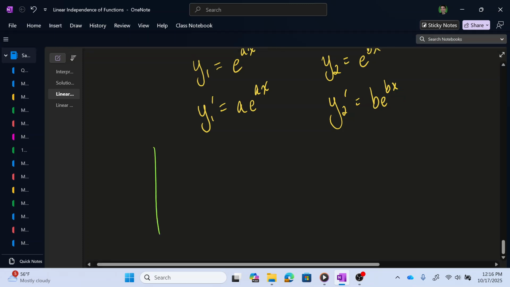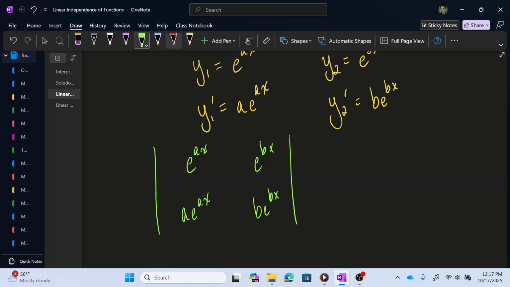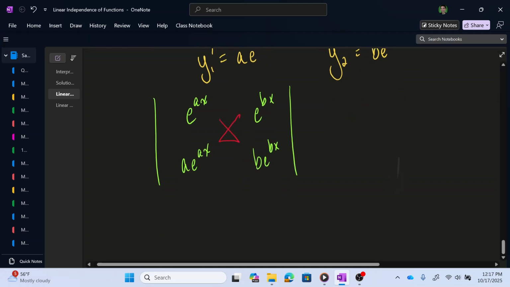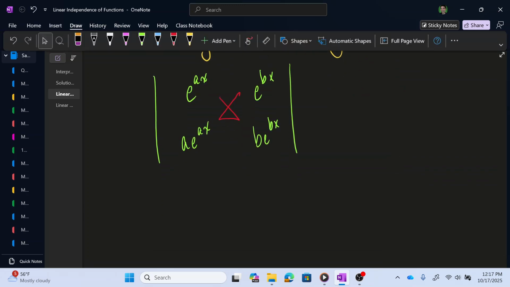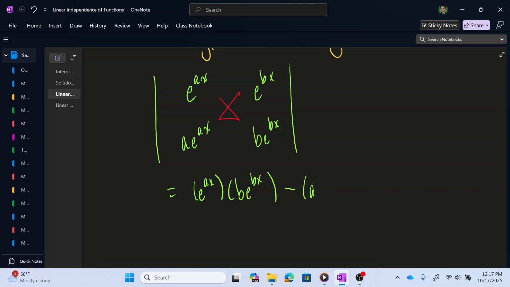So I throw these functions into the Wronskian matrix, and I calculate that determinant, and I find e to the ax times b e to the bx minus a e to the ax times e to the bx.